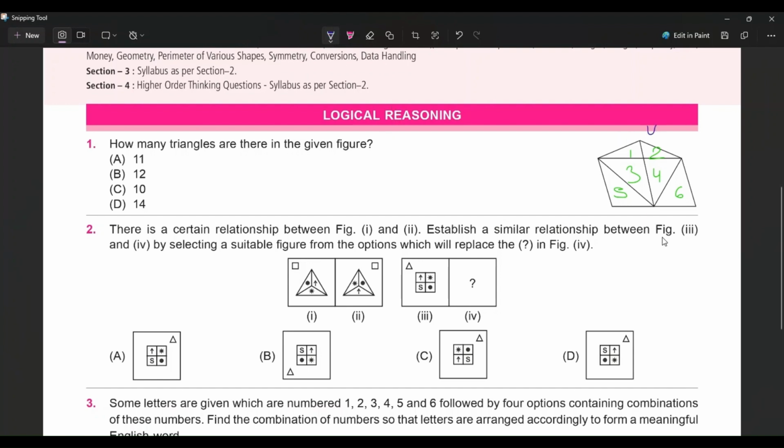Up, down, left side, right side. Up, this is 7. And down, this is 8.